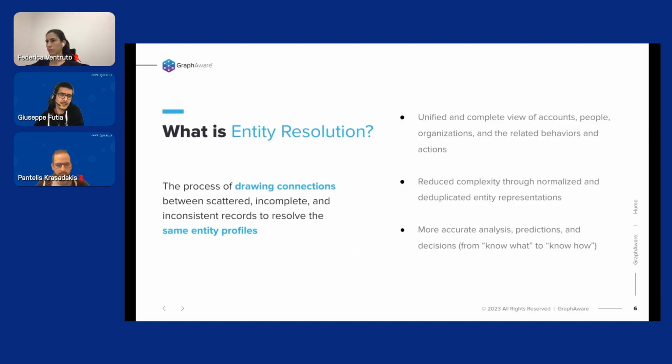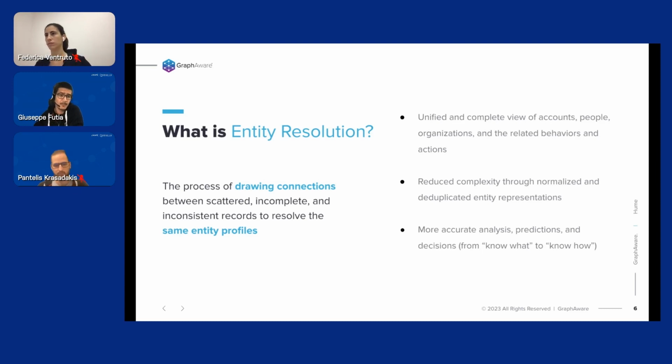This is a typical situation in which entity resolution comes into play, because the goal of entity resolution is to draw connections between these scattered, incomplete, and potentially inconsistent records with the goal of resolving entity profiles. And if we successfully apply entity resolution, then we can create a unified and complete view of different objects, such as accounts, organizations, and so on.